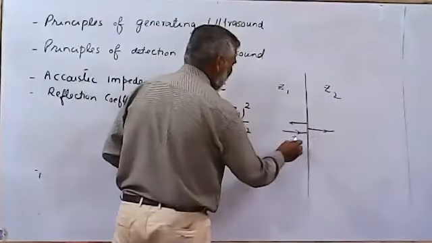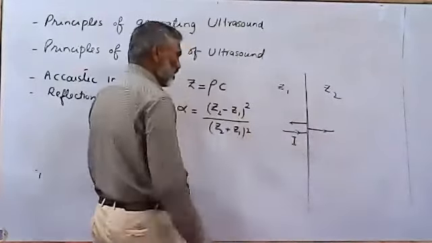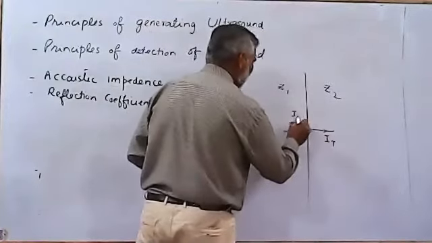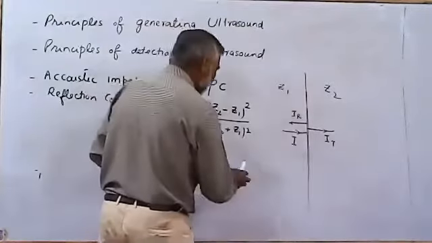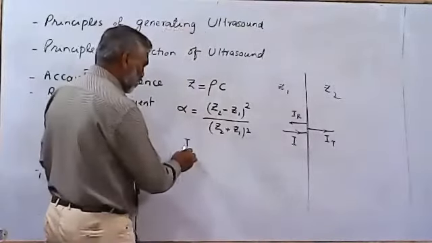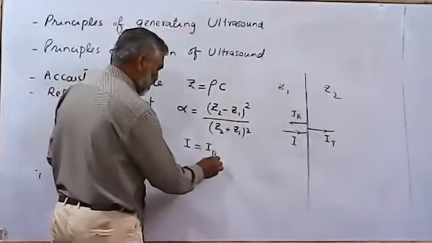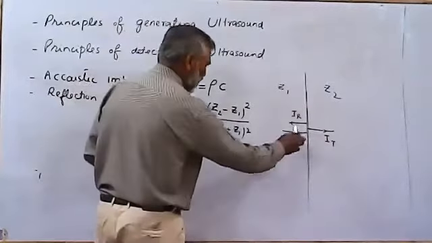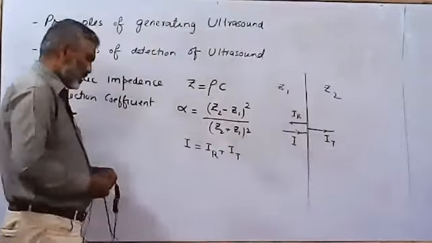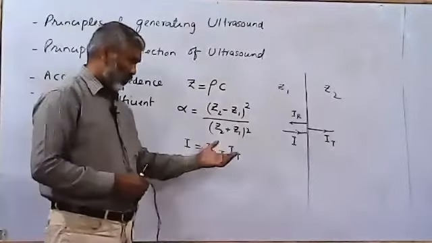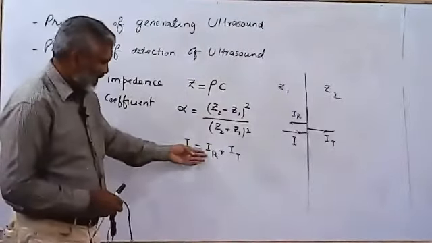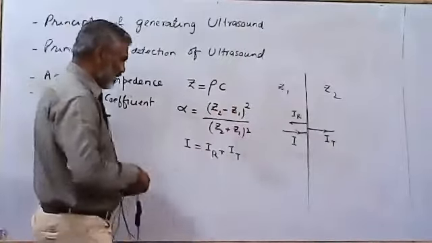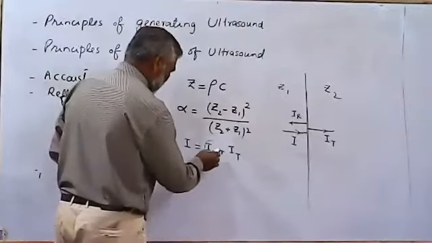If this is the incident intensity, this is the transmitted intensity, and this is the reflected intensity, there is a simple equation that relates all these intensities: I equals IR plus IT. IT is the transmitted part of the incident intensity of the ultrasound radiation, and IR is what is reflected back into the same medium.